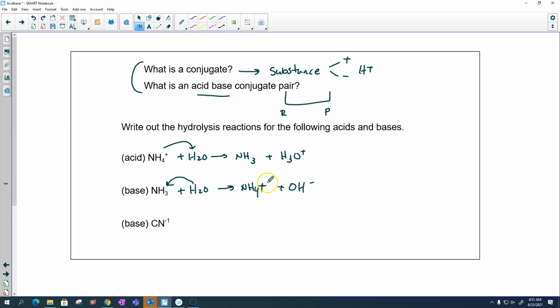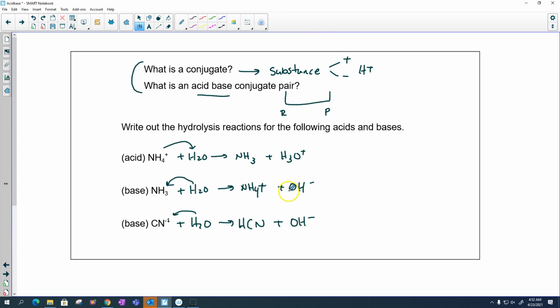All right. CN negative is a base, so it's going to accept an H plus. So plus water, H2O, yields, since it's going to accept from water, HCN, which is back to neutral, plus OH negative.